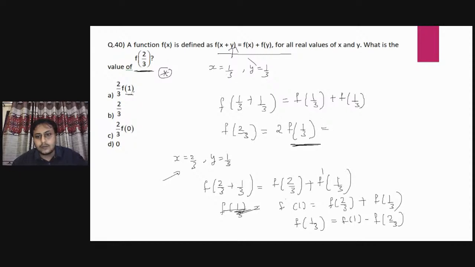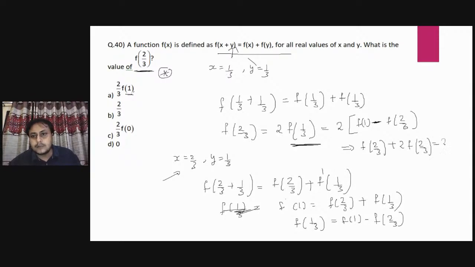When you put this f of 1 by 3 in this equation, what we will get is twice of f1 minus f of 2 by 3, right? Now solve this one. We take f of 2 by 3 to the right hand side, plus 2 times this, minus 2 of f of 2 by 3, and left hand side it becomes 2 of f of 2 by 3, right?